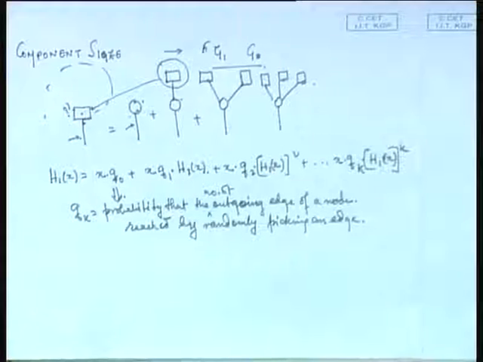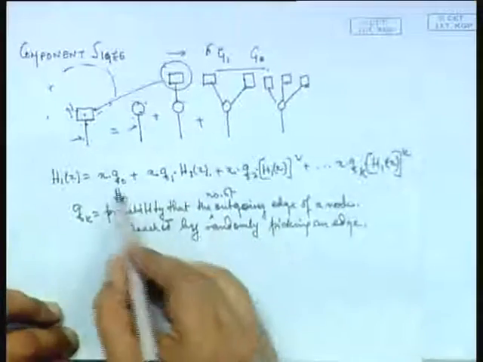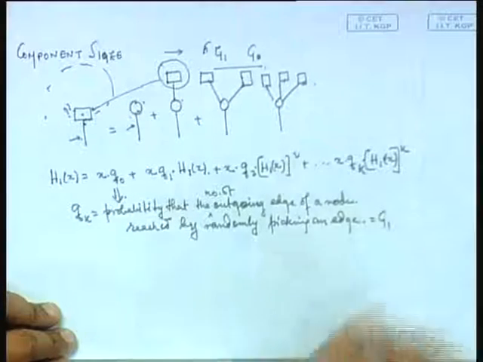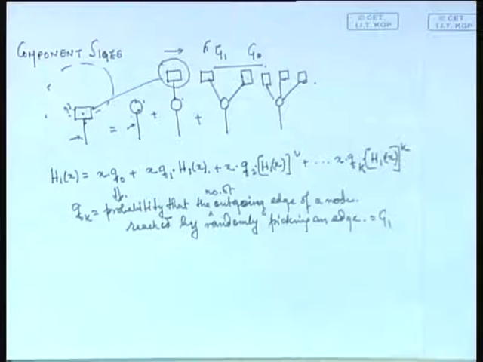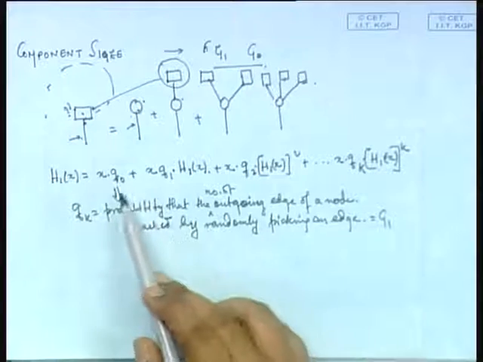No, H1 gives the component size if you come from a random edge. So, what is this basically? This is basically G1. The coefficients q0, q_k are basically the coefficients of G1.